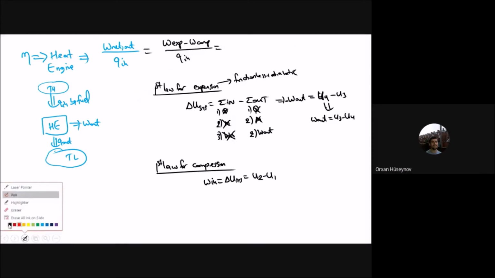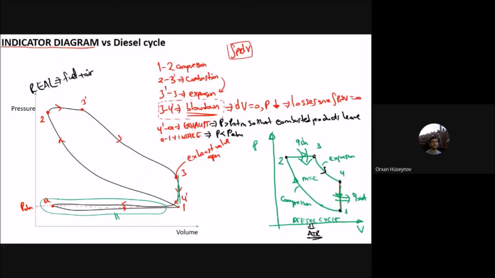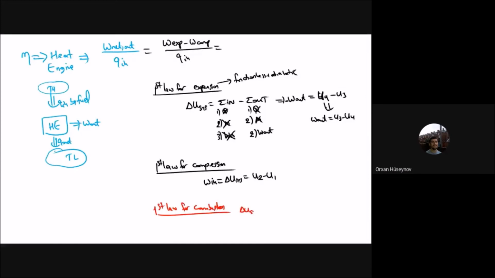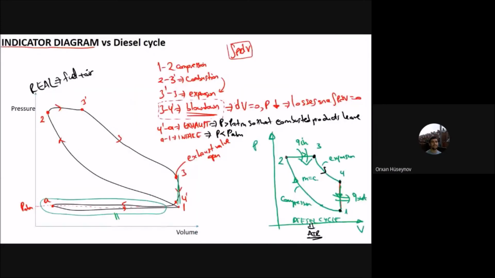Let me write the Q in, so that first law for combustion. If you write the first law for the combustion process of the diesel engine, the internal energy change, delta U of the system, will be equal to total in minus total out. Let me go back to the combustion process here, from 2 to 3.